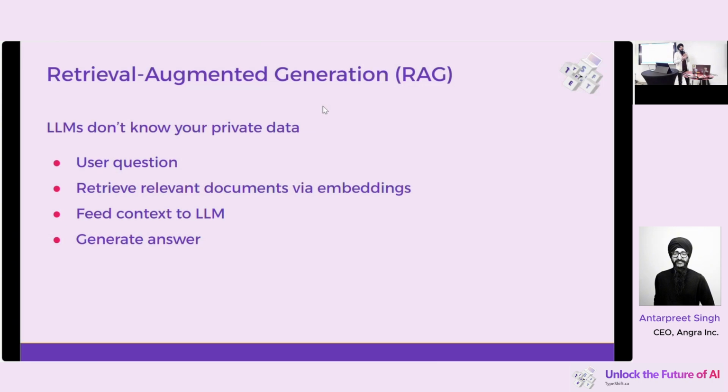Instead of training a whole model with those private documents, it searches through those documents using vectors, adds the context to the prompt you just asked as the question, and sends both of them together to the LLM so that the LLM can respond properly with the context that is supplied.